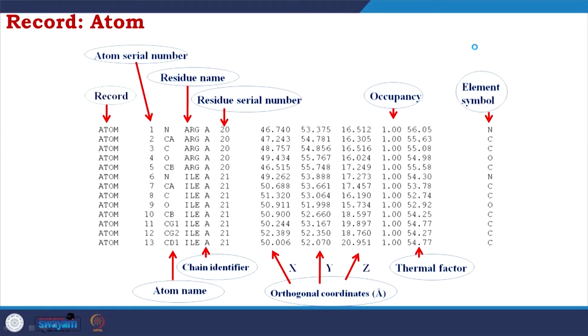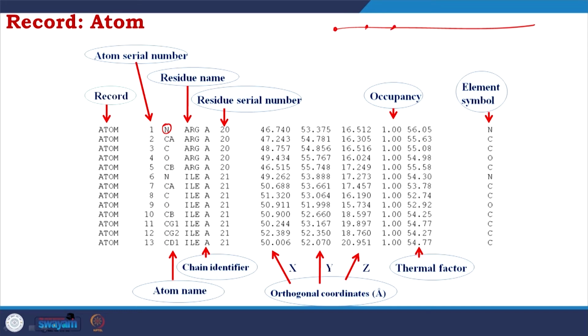Now, coming to the coordinates. As I told, the atoms would be defined by the ATOM record, and the atom serial number is there. These are atom serial numbers, but these are not residue serial numbers. Remember, when we talk about atom serial number, we are talking about the first atom. If this is the protein, it could start from here, it could start from anywhere.